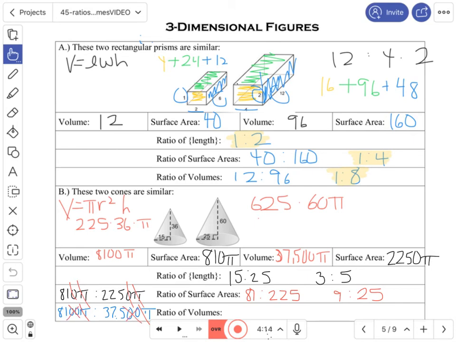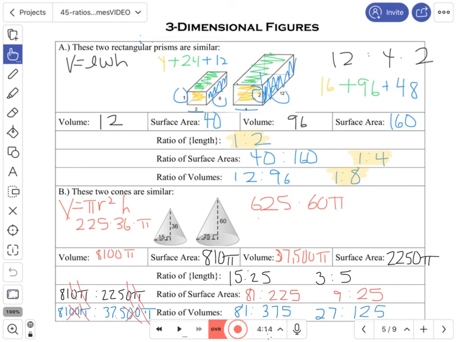And so we're now left with 81 to 375. And those numbers are both divisible by 3. So 81 divided by 3 is 27, and 375 divided by 3 is 125.